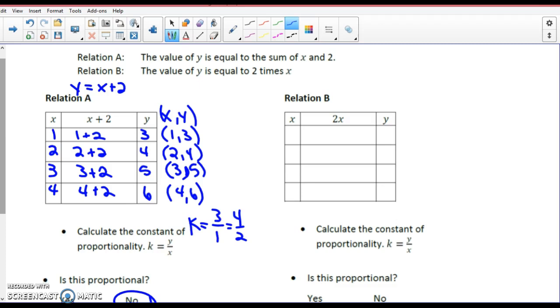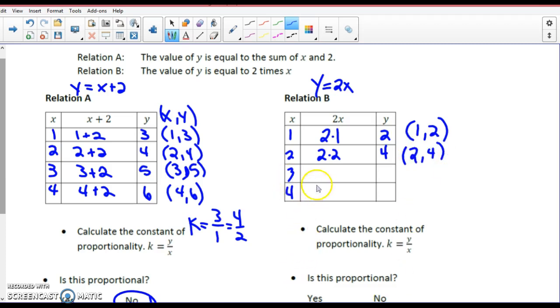Over here, here's our function. Y equals 2x, that's our function. Let's input 1, 2, 3, 4. Our function, 2 times 1, we output 2, ordered pair 1, 2. Input 2, output 4, ordered pair 2, comma 4. Input 3, output 6, 3, comma 6.